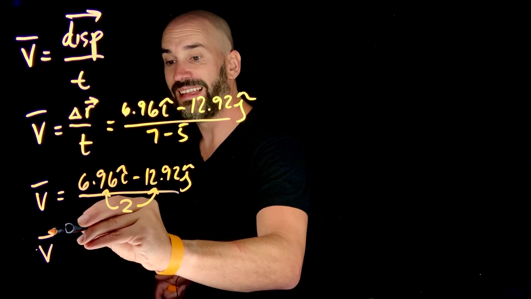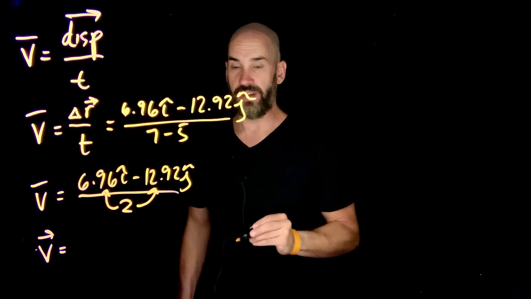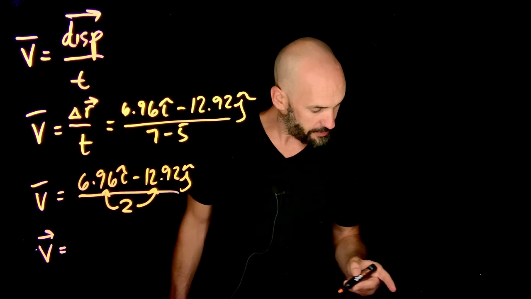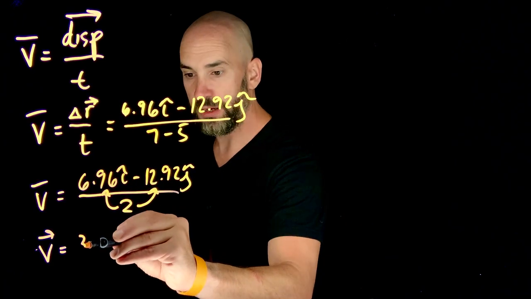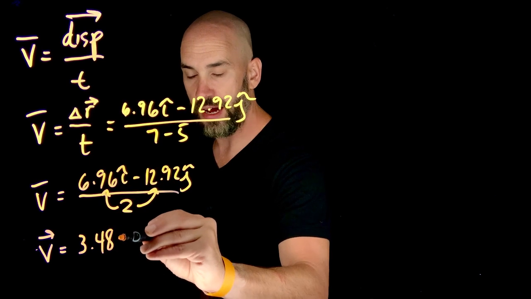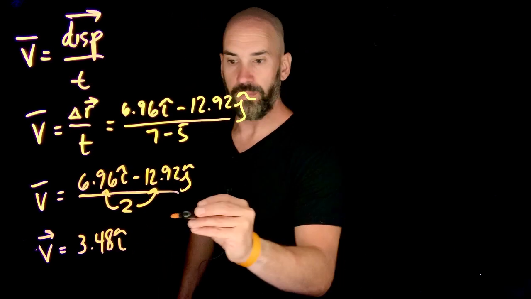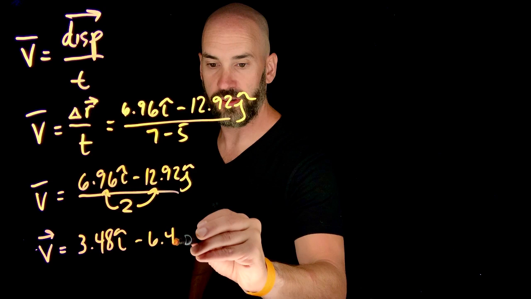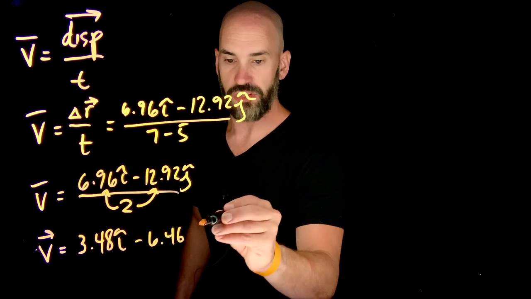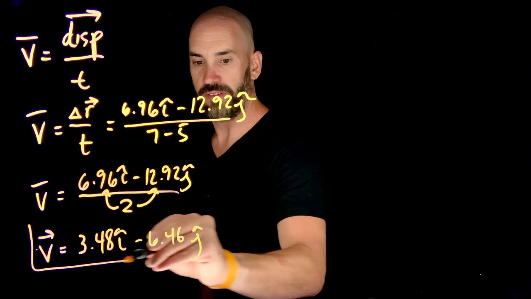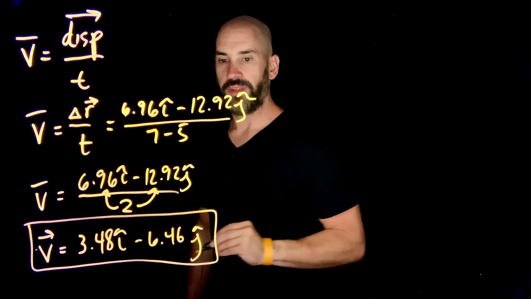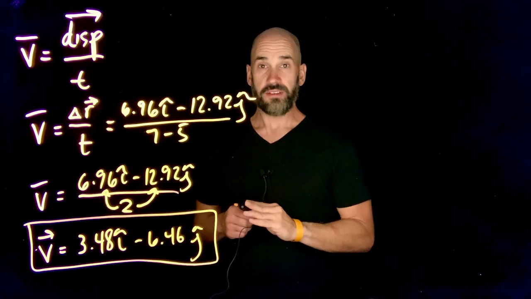And so my average velocity vector is simply going to be 3.48 i minus 6.46 j, which is just both of these divided by 2. And now I have a velocity vector. Does that make sense?